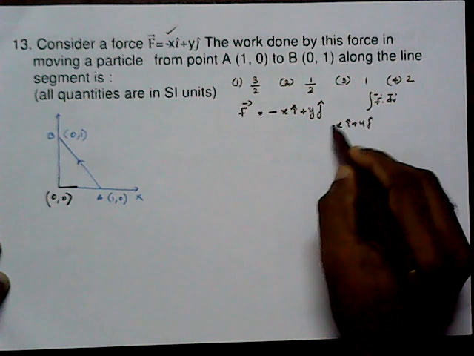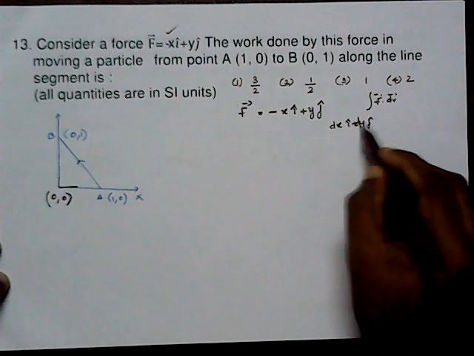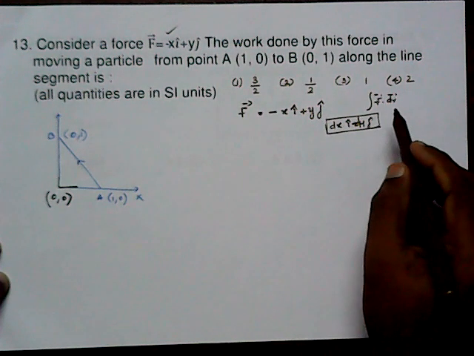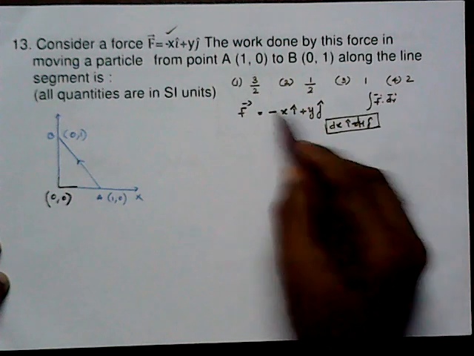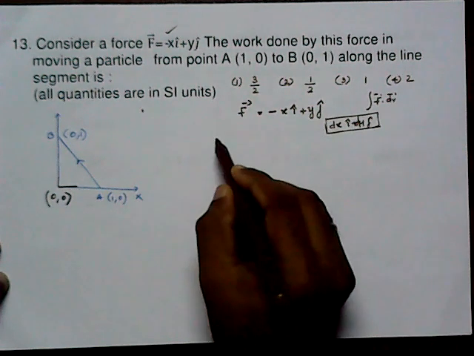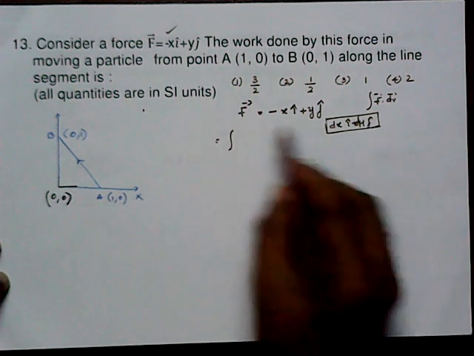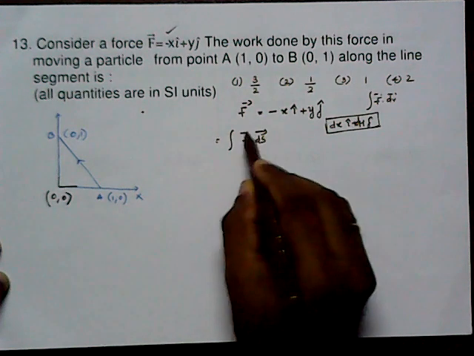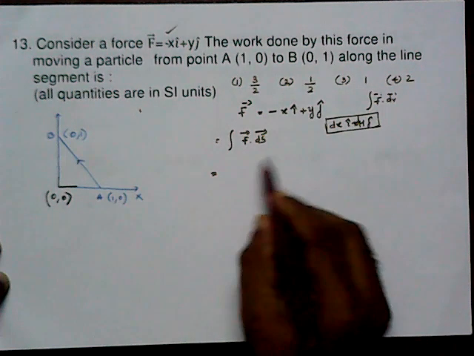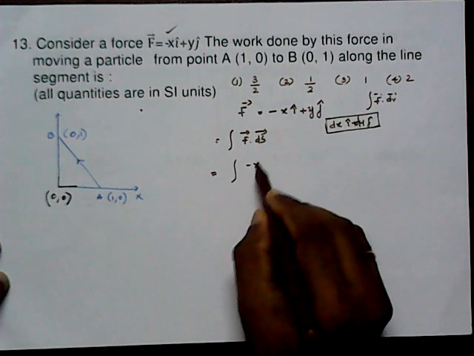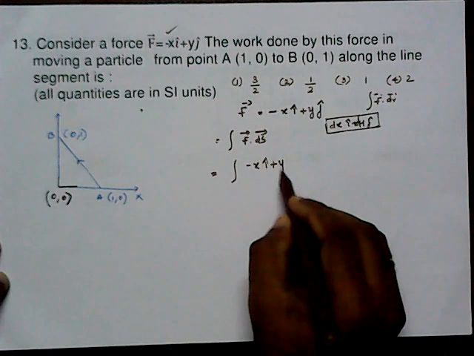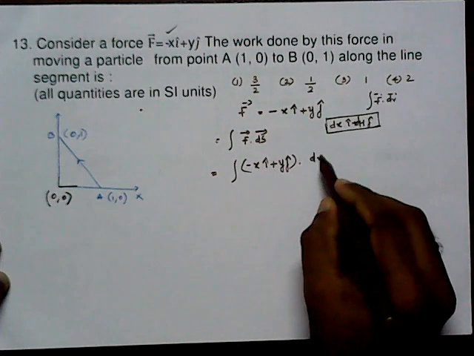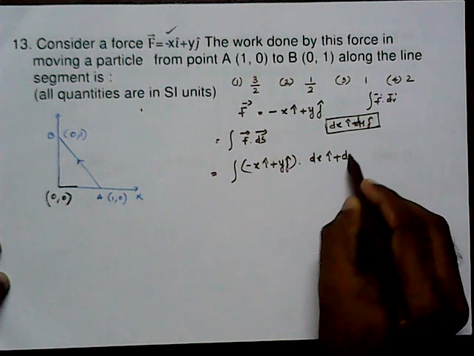So the displacement dx, dy is moving like dxi plus dyj. If you know these two concepts, we can use the equation work equals F dot ds, that is equal to the integral of minus xi plus yj dot dxi plus dyj.